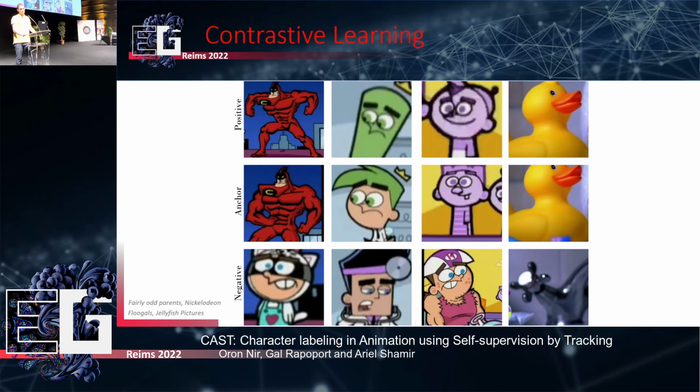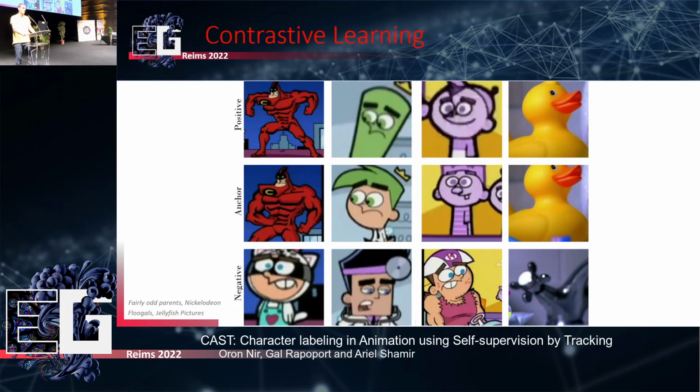YOLO v2 is not the state of the art. I think you have YOLO v5 now, but that's not the reason we picked it, because we think the method itself is about suggesting a new way to sample those triplets and fine-tune the network with respect to this hypothesis of having the characters in the same frame versus another from the tracklet.